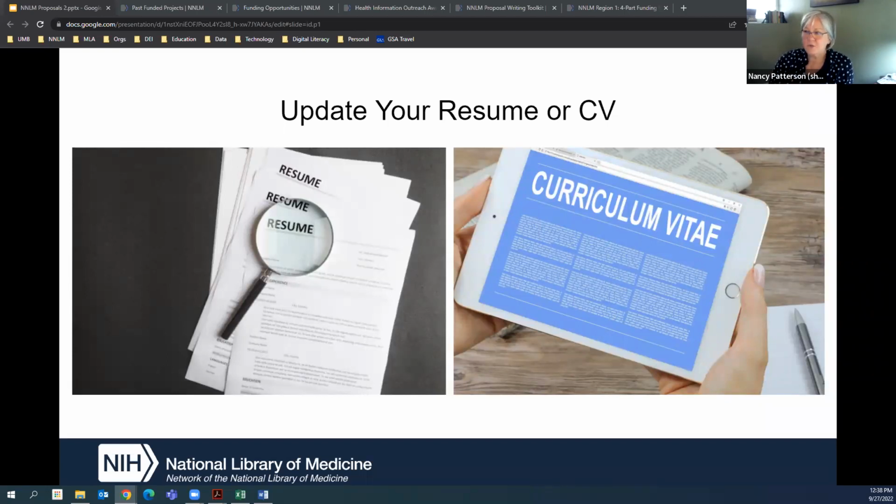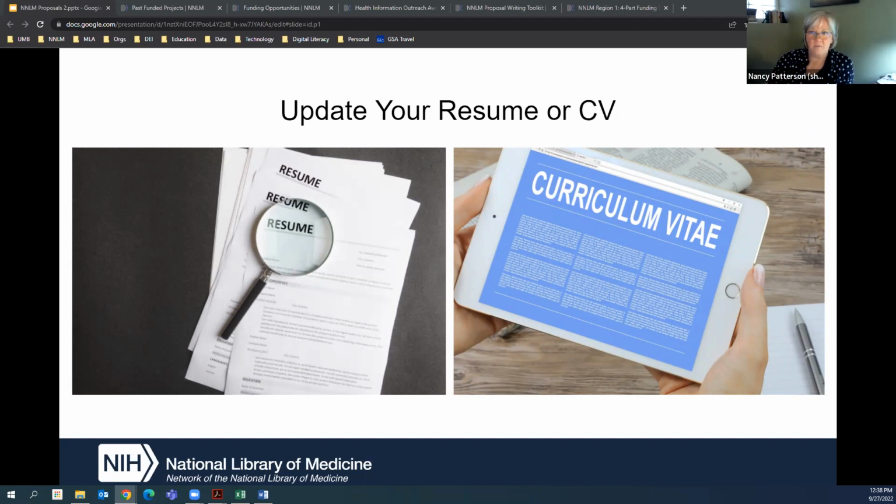This is so important because when you're putting together the proposal and talking about the staff and how great they are and how they have this experience, it's easily accessible.